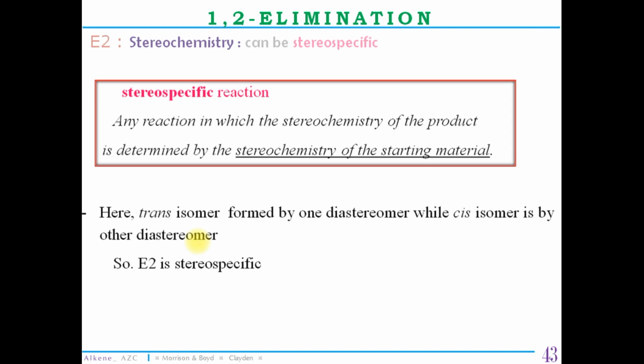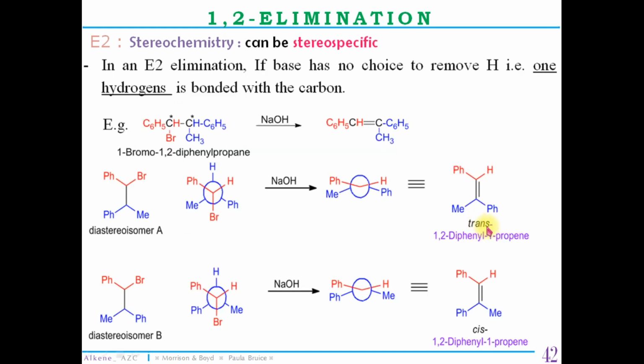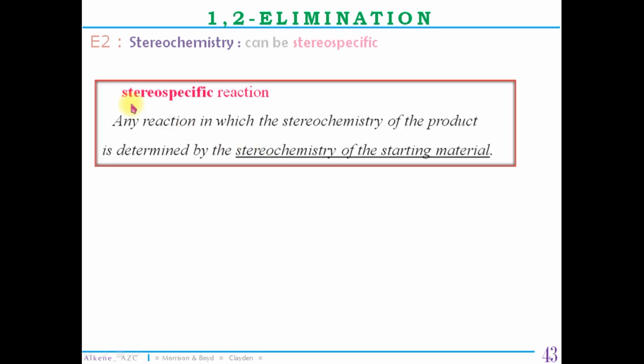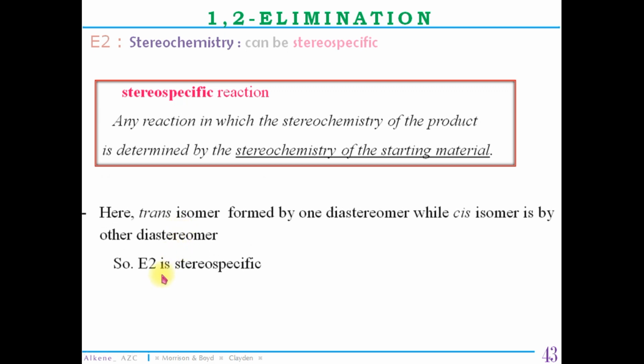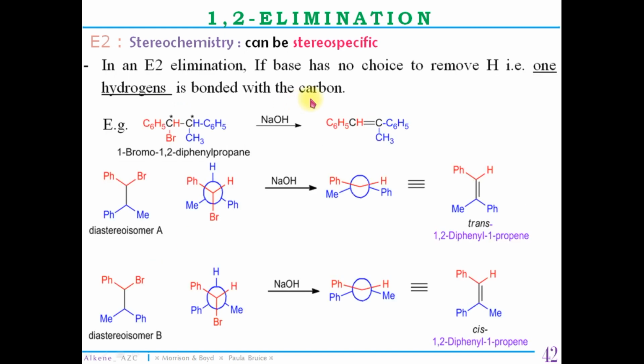So the stereochemistry of our product is determined by the stereochemistry of the starting material. That is, diastereomer A only gives the trans product, diastereomer B only gives the cis product. This is called a stereospecific reaction, and hence the E2 reaction can be stereospecific where the base has no choice to remove hydrogen.